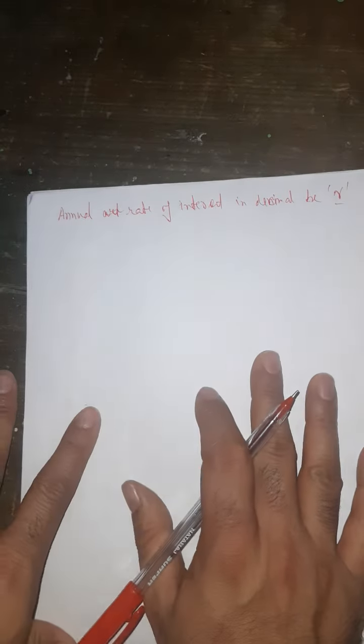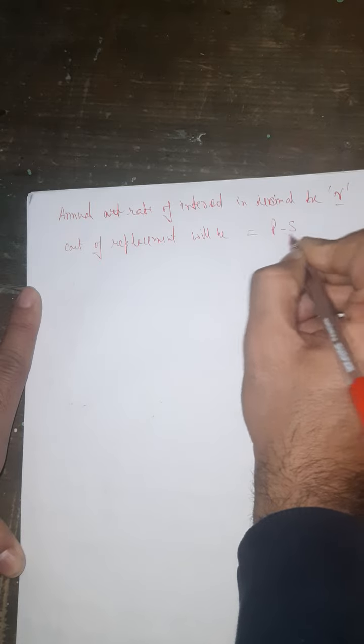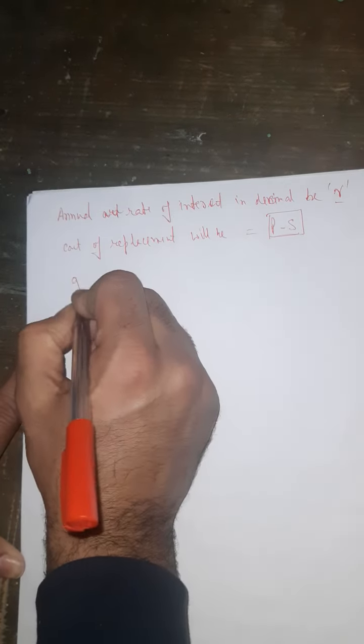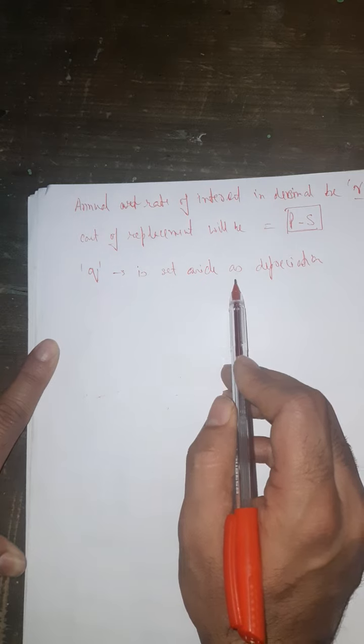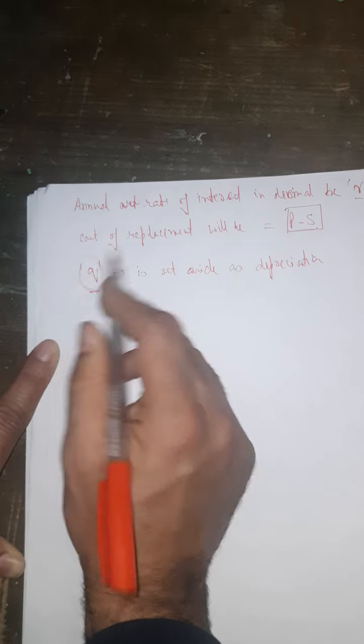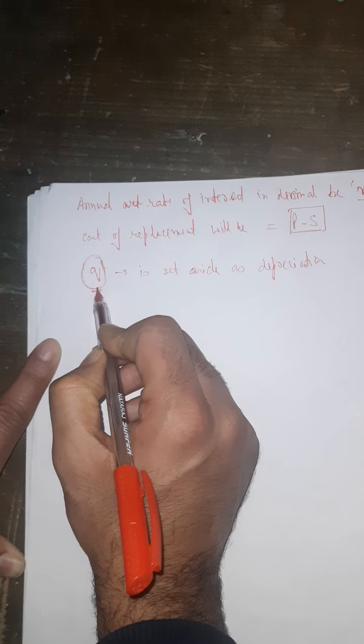So the cost of replacement of equipment after the useful life will be given by initial value minus scrap value, P minus S. Now we assume that an amount equal to Q is set aside as depreciation charge every year, and some interest is compounded on it.